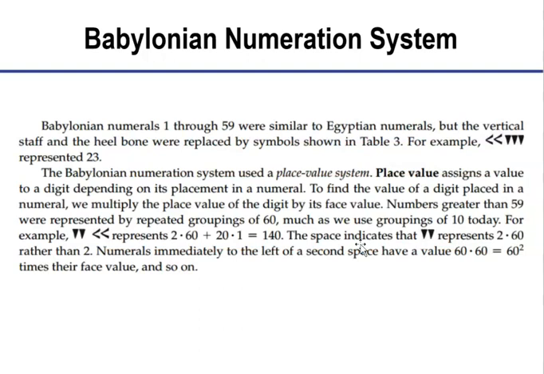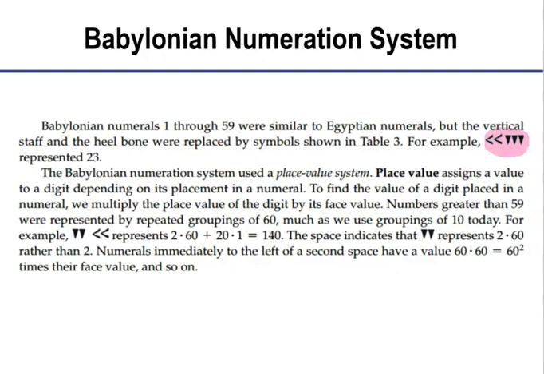Babylonian numerals 1 through 59 were similar to Egyptian numerals, but the vertical staff and the heel bone were replaced by symbols shown in Table 3. Again, I just showed you that. For example, see the Babylonian numeral that we have here highlighted. That represents 23.